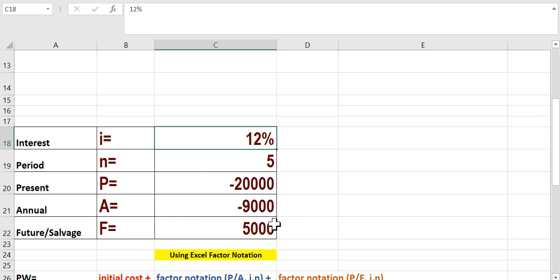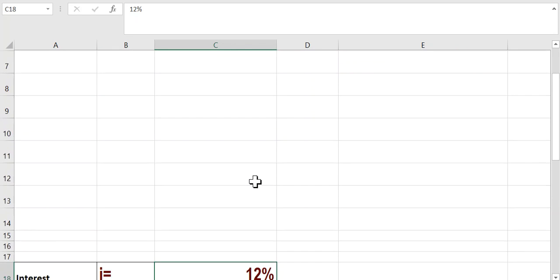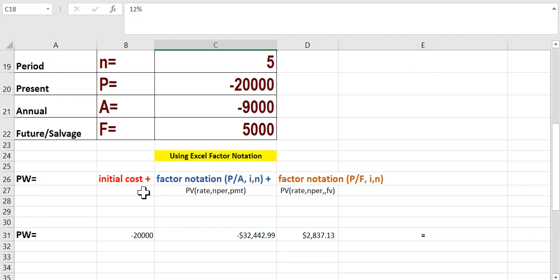Before I talk about the Excel sheet, you have to remember what PW is and how I'm going to get PW. PW basically is to convert everything into P domain, if you want to look at it this way. So I have to find the equivalence of every one of these into P domain. I look at the first cost here, 20,000, it's already in P domain, so I keep it.